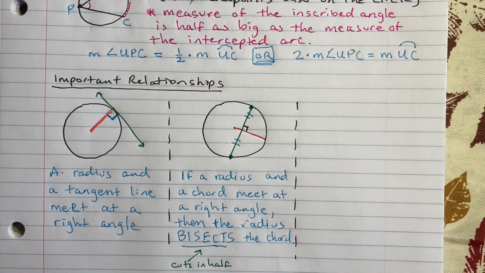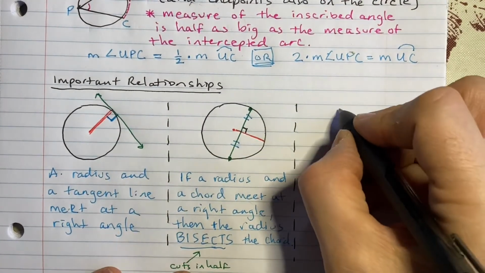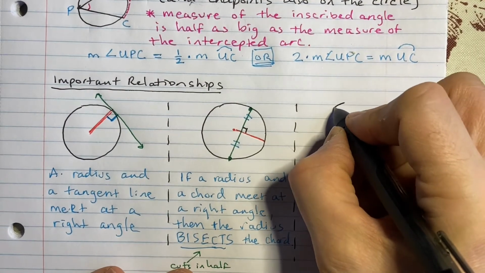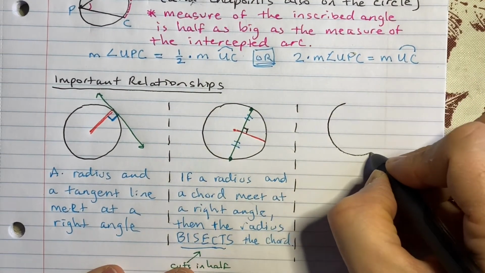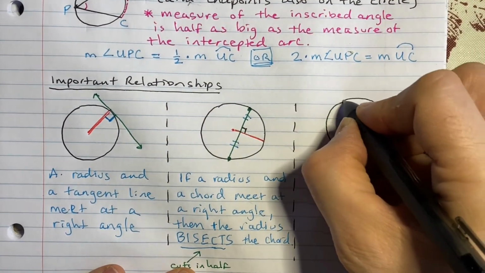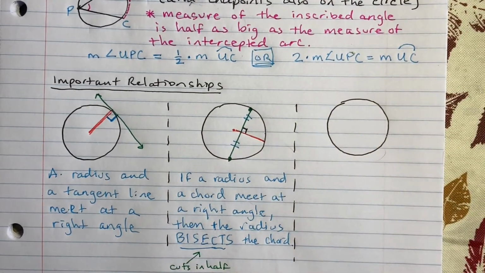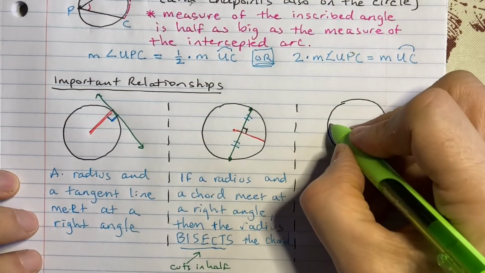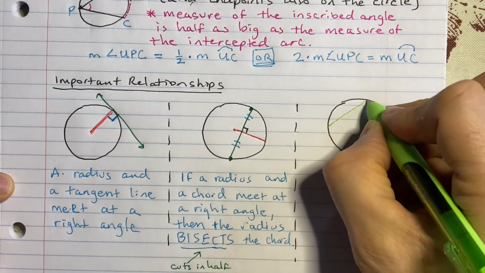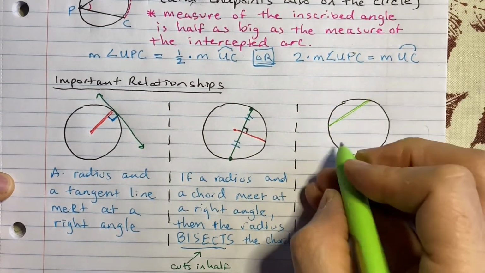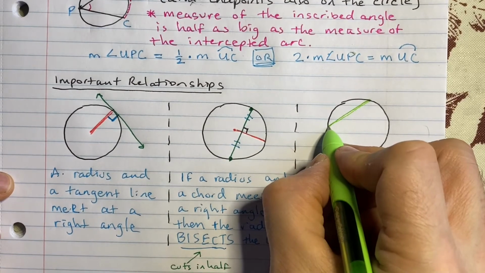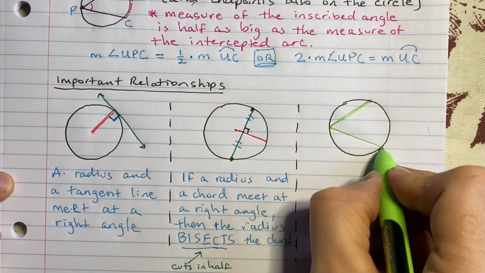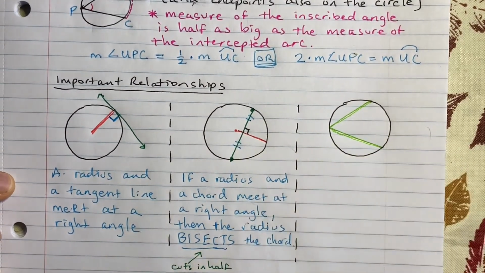Our last important relationship is about inscribed quadrilaterals. So we're going to demonstrate this just by building this diagram. The first thing I'm going to do in this diagram is draw in an inscribed angle. I'm just going to eyeball this a little bit.